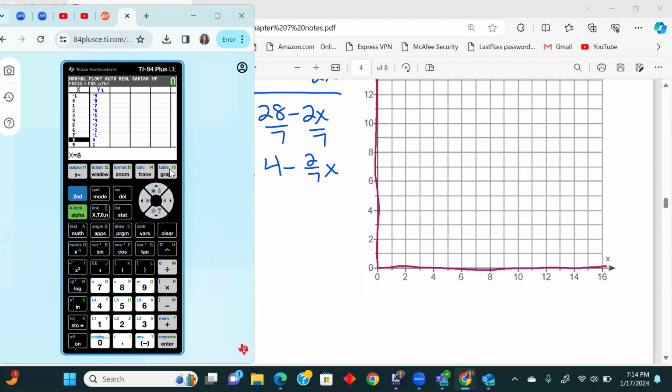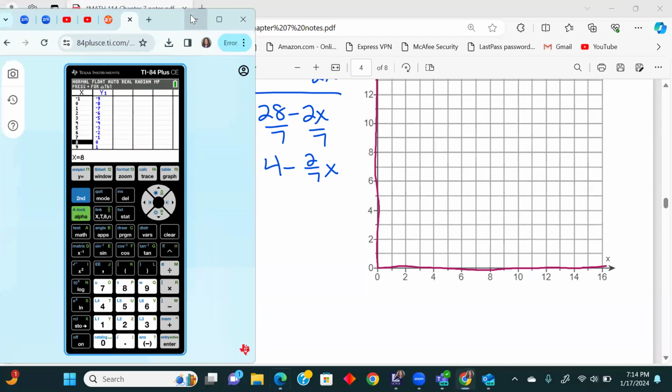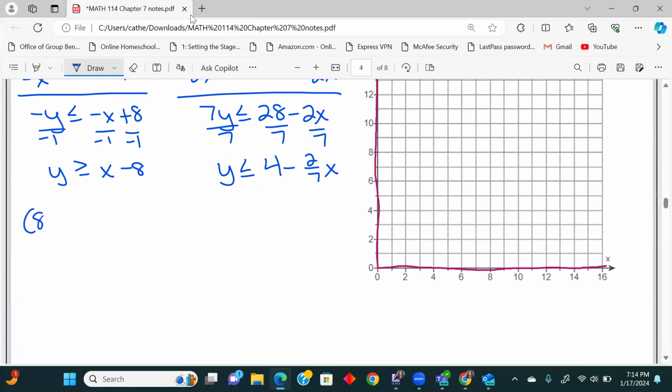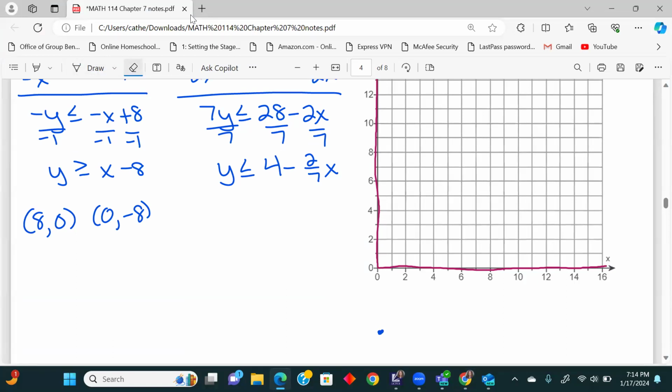There we go, and 8, 0. We also had 0, -8, but that would be down here somewhere, and we're restricted to this first quadrant. So that one's not going to work, and we'll get to that in a second.